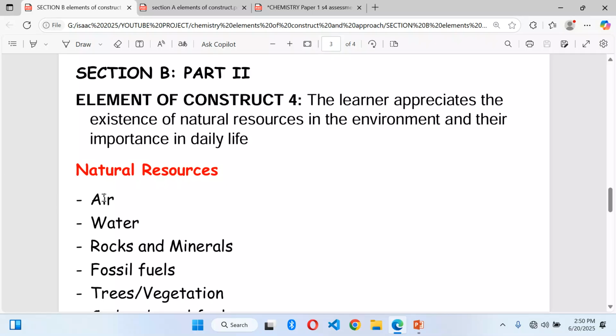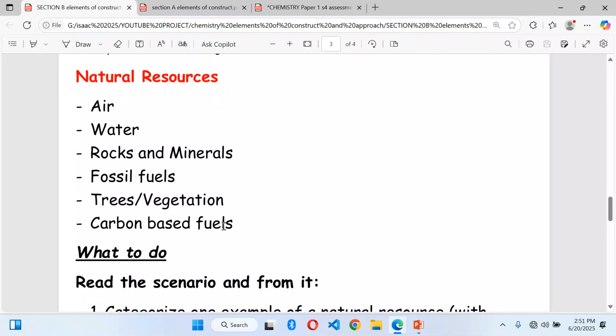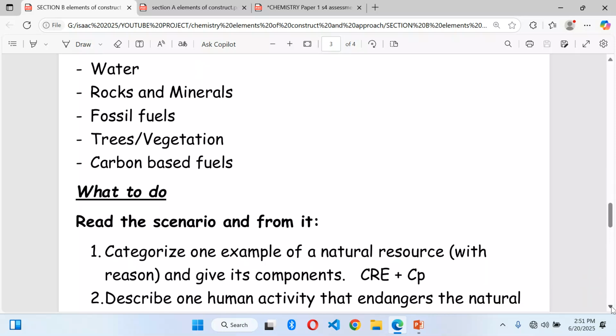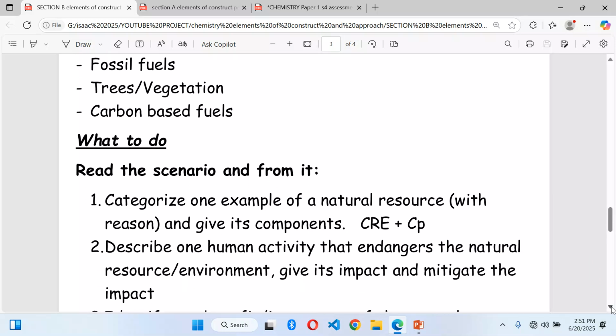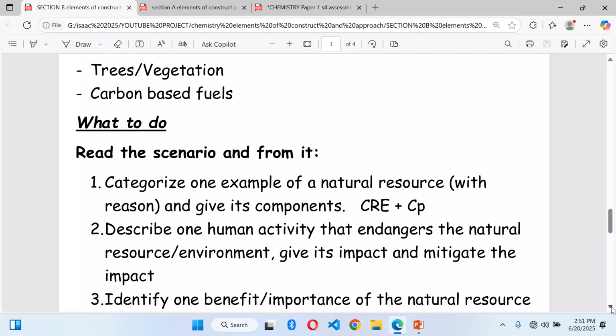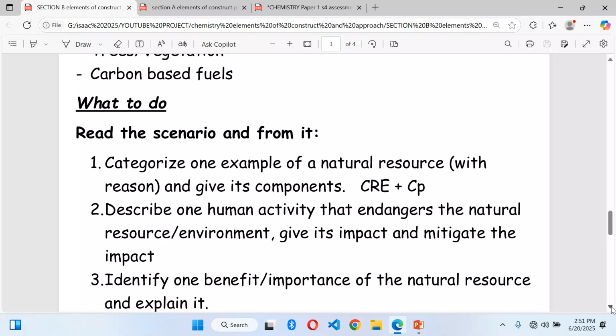Some of the natural resources we have: air, water, rocks and minerals, fossil fuels, trees and vegetation. We have carbon-based fuels. But now, what do we do when we have a question under this area of section B part 2?